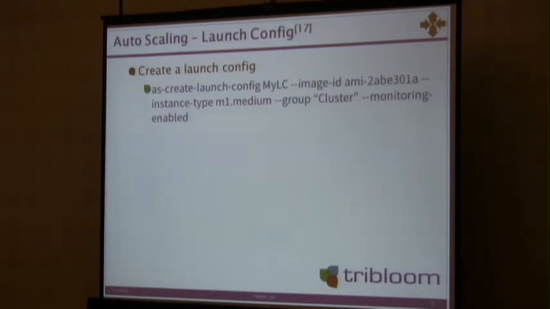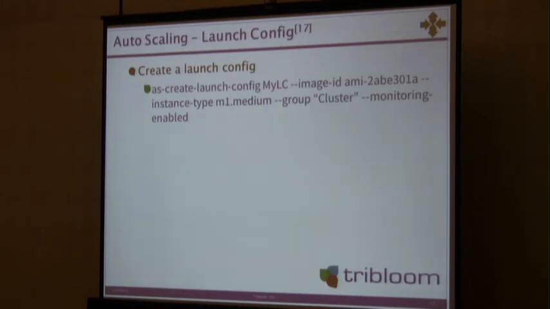So we'll start off by creating the launch config. And we'll use the AS create launch config command. Use the load balancer name, my launch config. You give it the image ID of the image that you're going to use as your template, which is what we created in step 3.